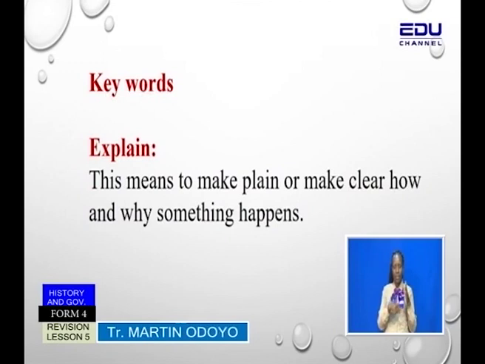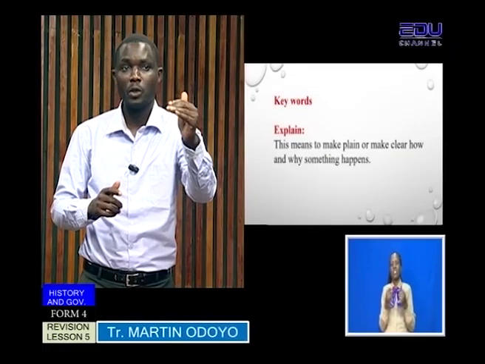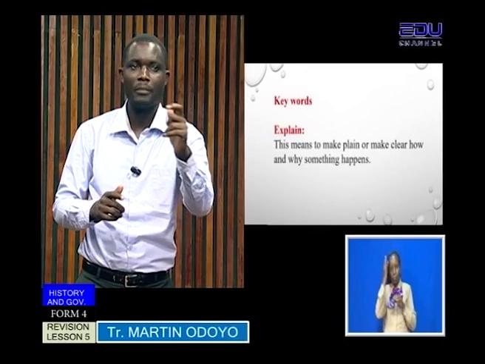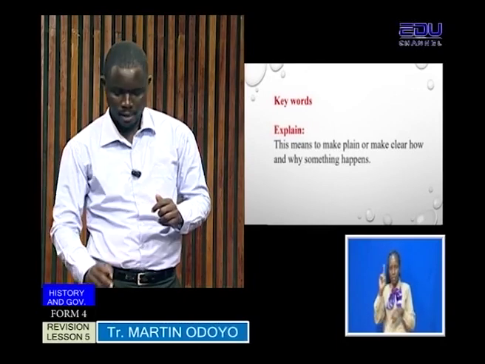When we talk of explain, we are saying you make something plain or clear. But most importantly, you need to show how and why something happens. So as a historian, you must make it clear, but you must give an explanation of why and how something happens. That is when you score on a question of explain.